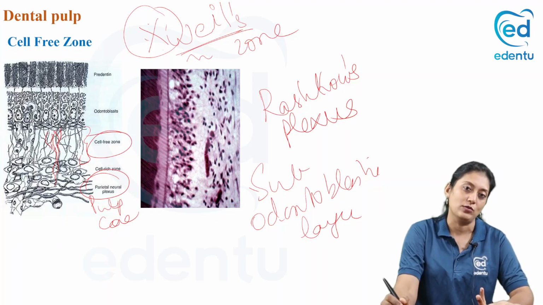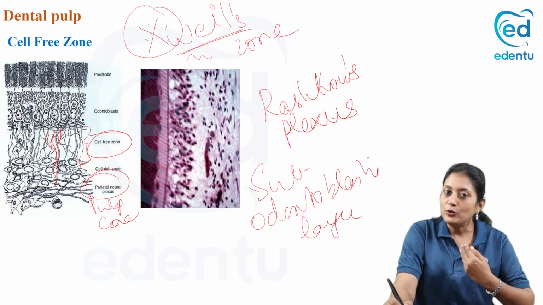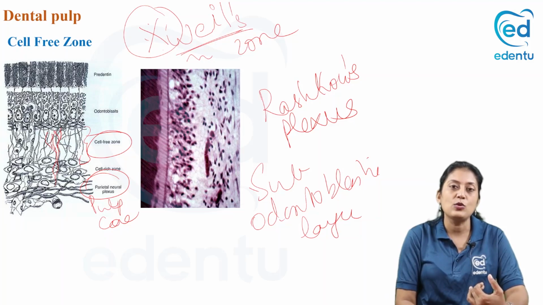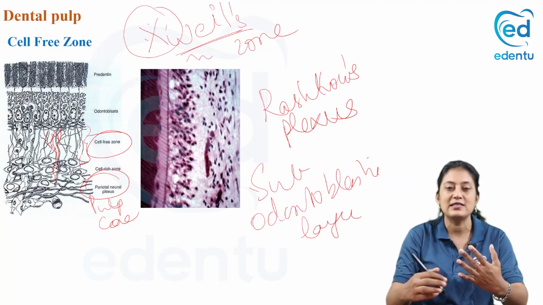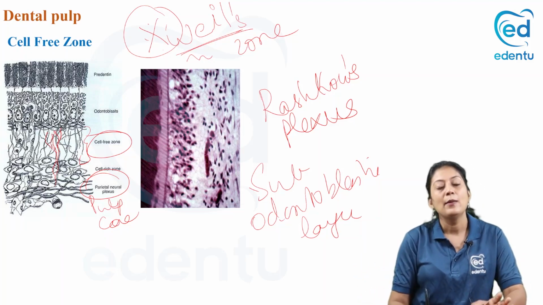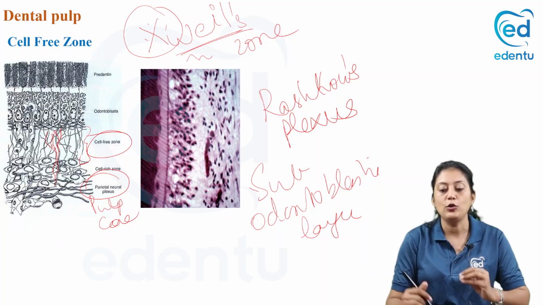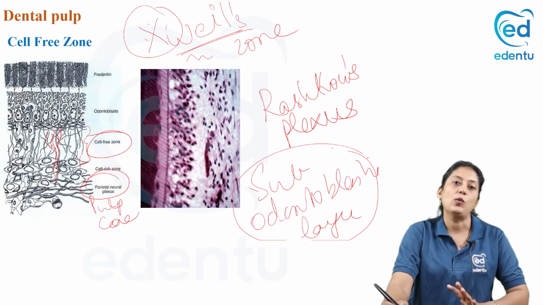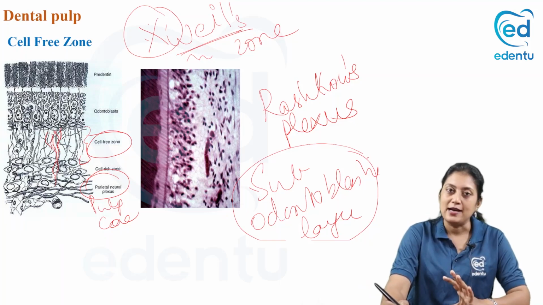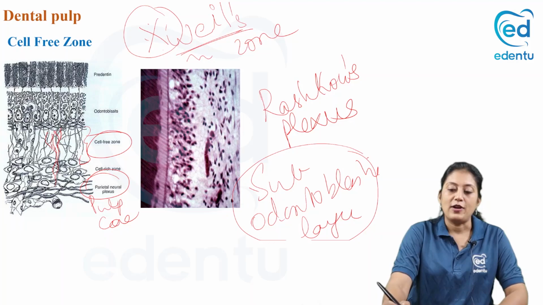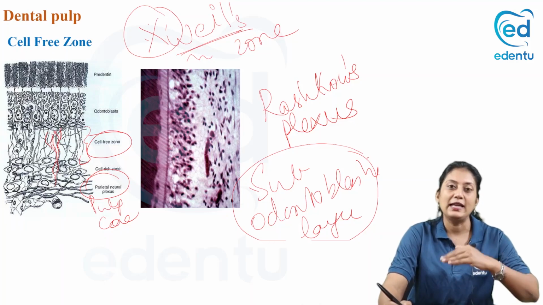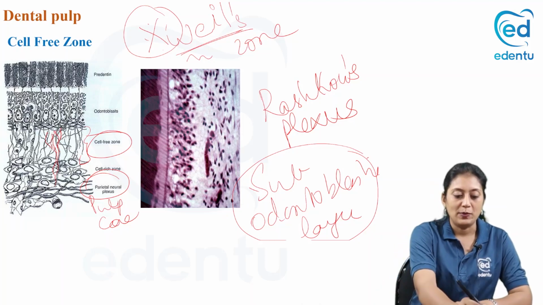It is the cell-free zone. So you have to carefully look into the options and choose accordingly. If cell-free zone or zone of Weil is given, it is a straightforward answer. But even if that is not given in the options, look for the words subodontoblastic layer. If that is given in one of the options, that is the right answer, because the plexus of Raschkow is seen in the cell-free zone, which is nothing but the layer just beneath the odontoblastic layer.